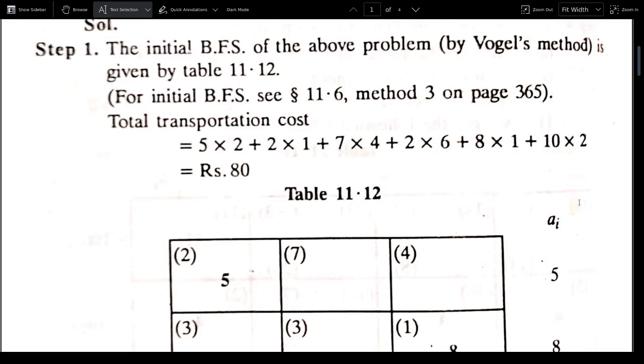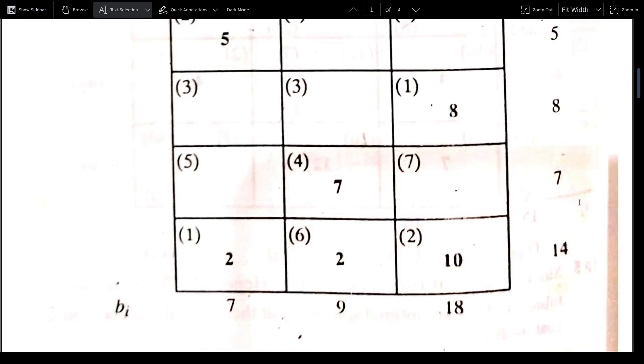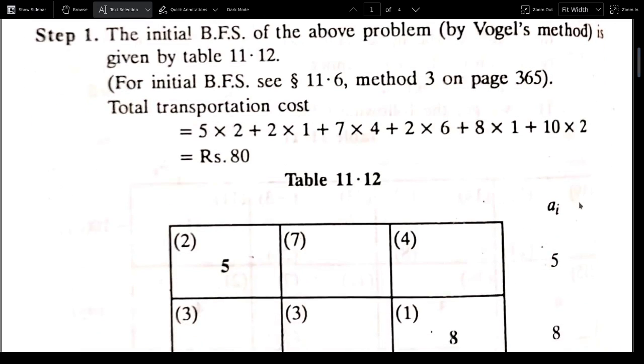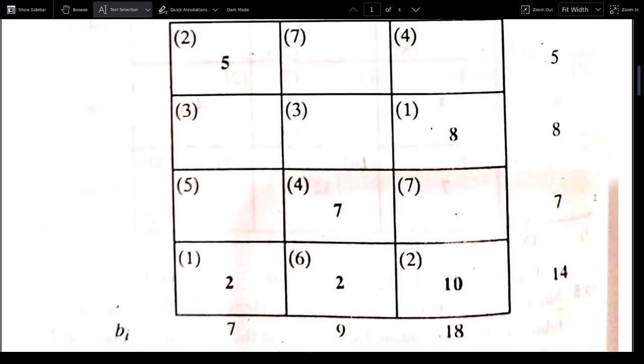And when we apply Vogel's approximation method, what is the first step of the procedure? What was the first step in Vogel's approximation? We make a table. Yes, in the table what we check?